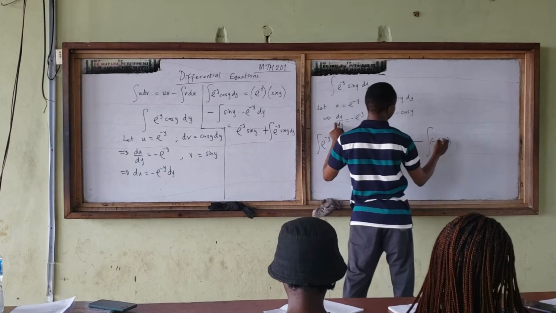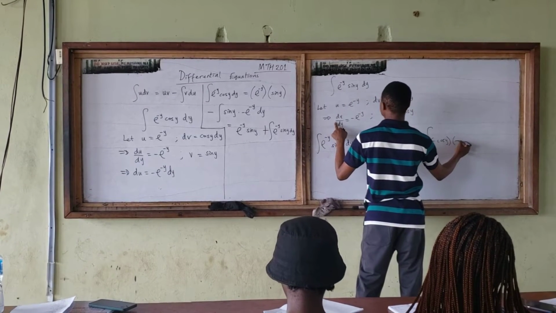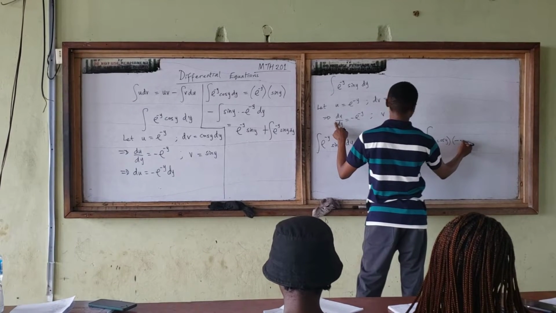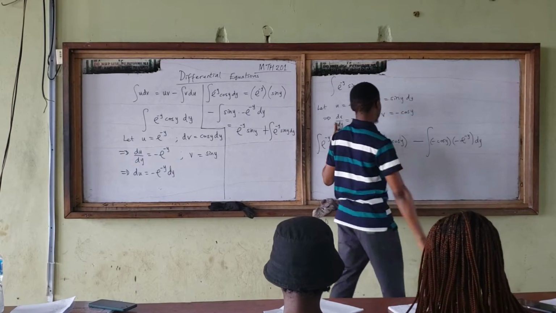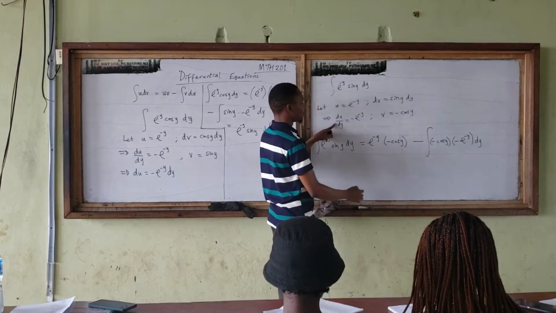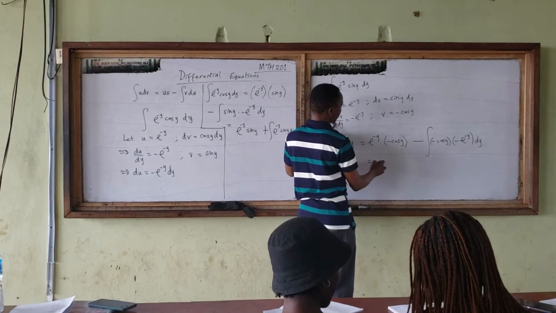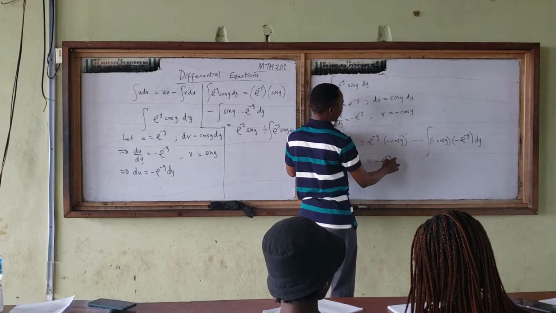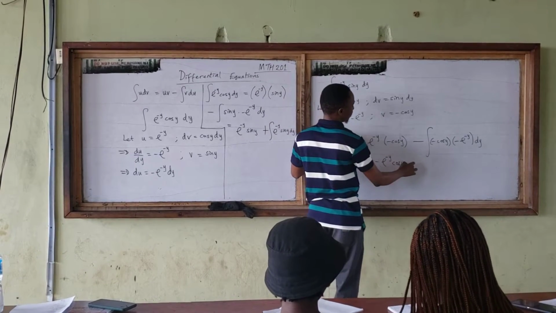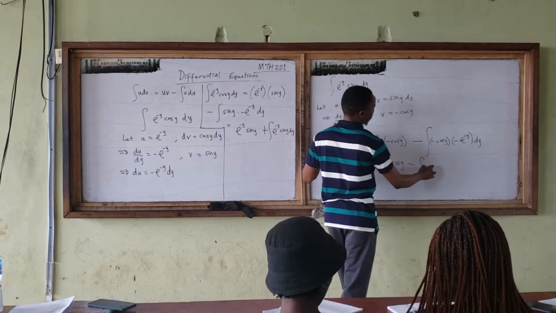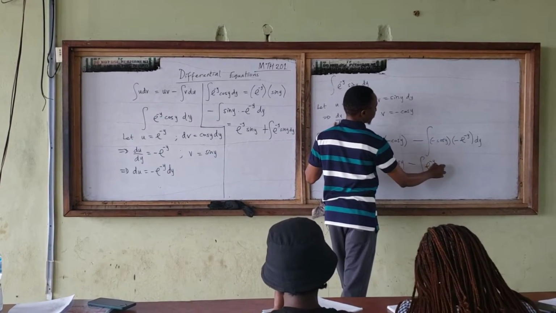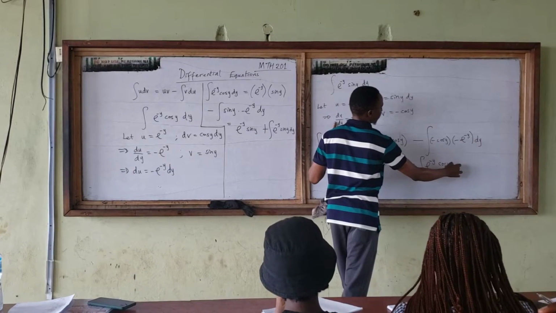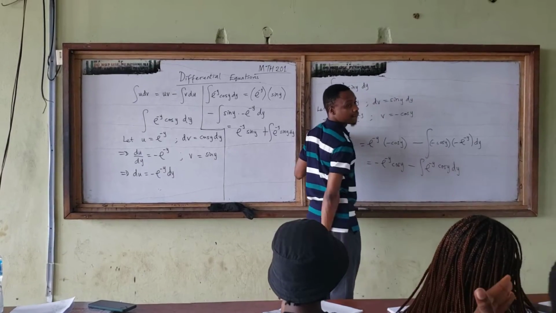Du is going to be minus e raised to power minus y dy. Does it make sense? This is going to be equal to minus e raised to power minus y cos y, and then minus e raised to power, the minus here will count with this minus, e raised to power minus y cos y dy. Is that clear?